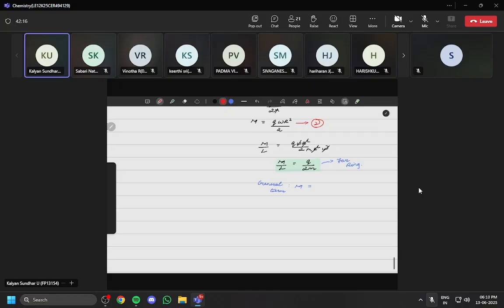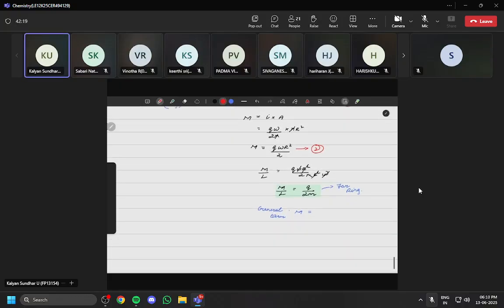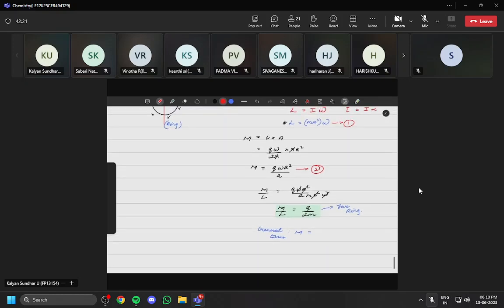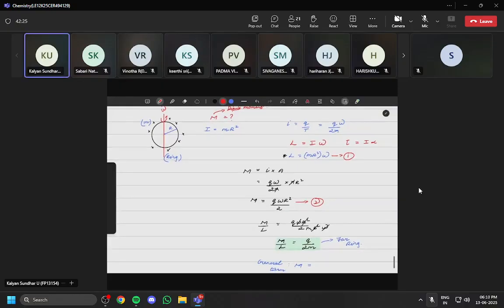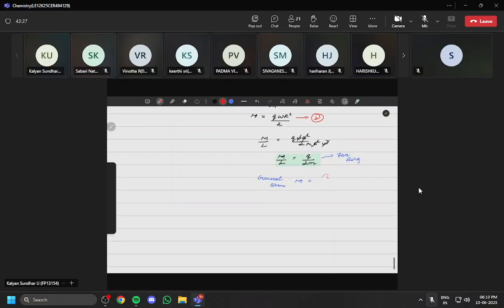Your general term will be equal to, and one more thing, circular shape. So q omega r square divided by 2I omega.